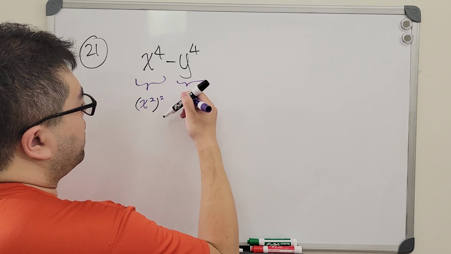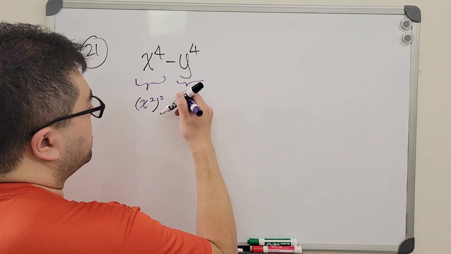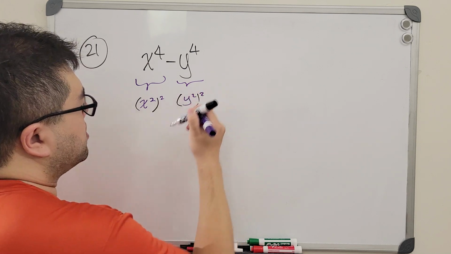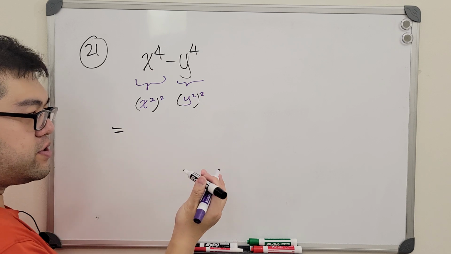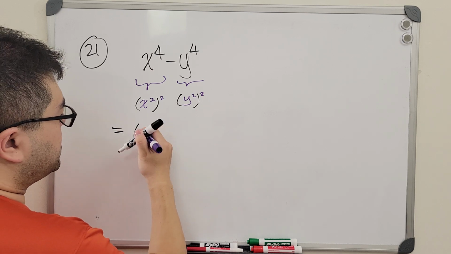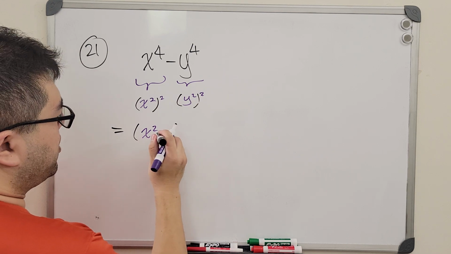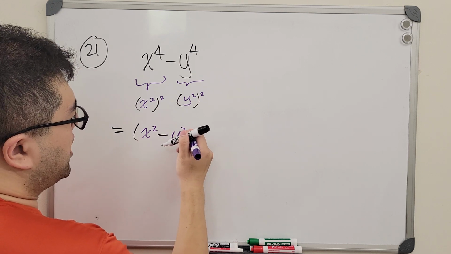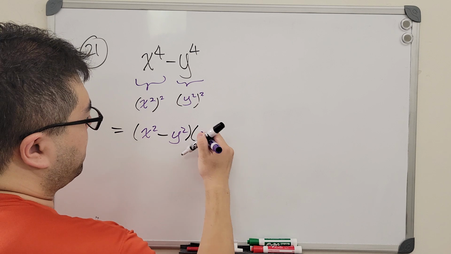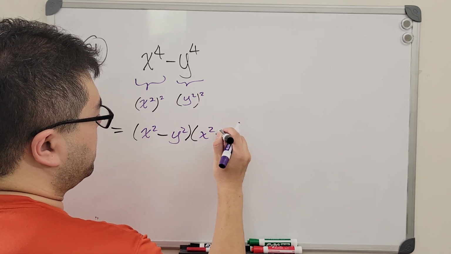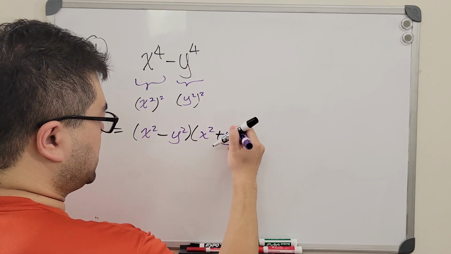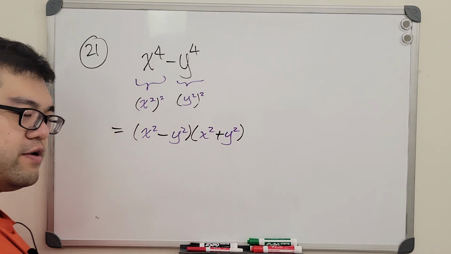Similarly, y to the 4th power is the same as y squared squared. So if we use our formula, our a is x squared minus our b, which is y squared in this case, times, of course, x squared plus y squared, a plus b here.